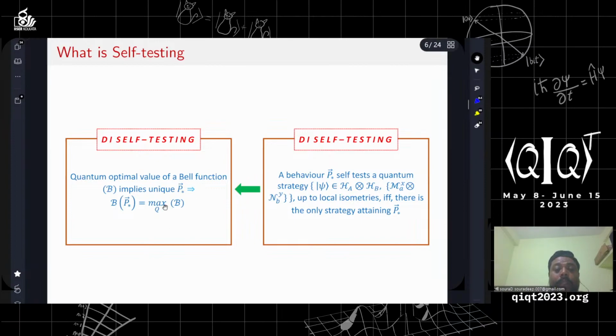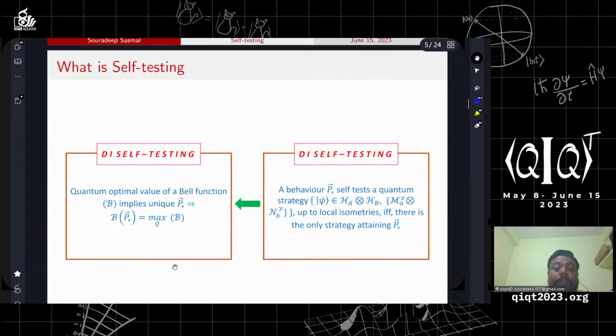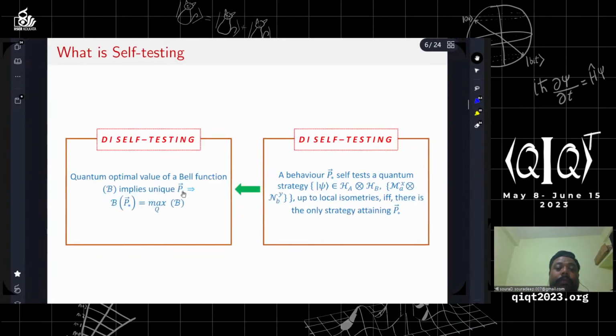By observing the quantum value of the Bell function, we can be sure that this behavior must be that P star behavior. And how can we observe it? There are a lot of experiments going on to observe Bell inequalities. The simplest example of a Bell function is the CHSH inequality.